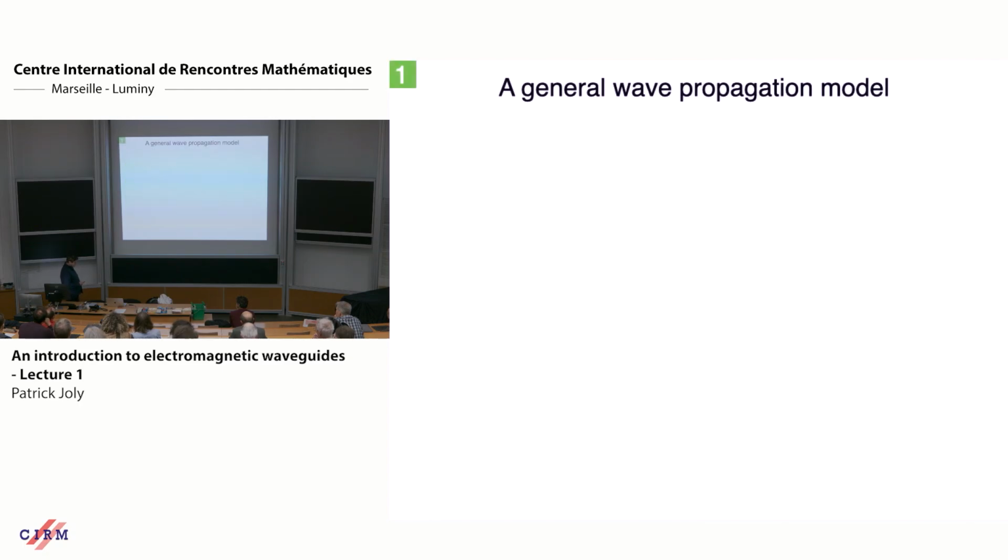Okay, so for my general introduction, I will consider a rather general model in which the unknown is vector valued, defined in a domain in space, a subdomain of R3.